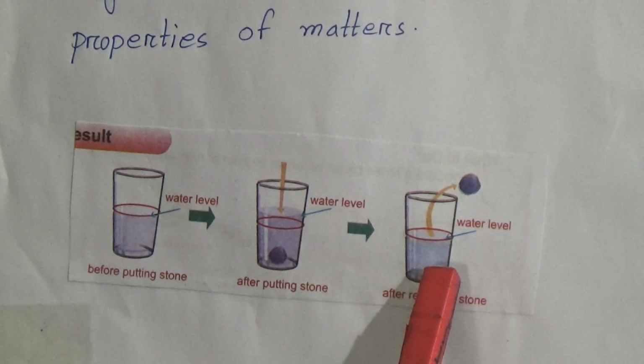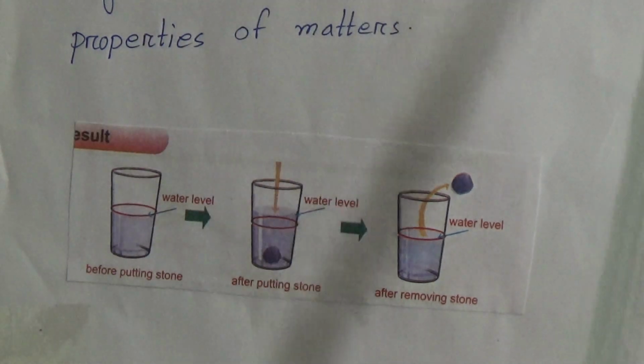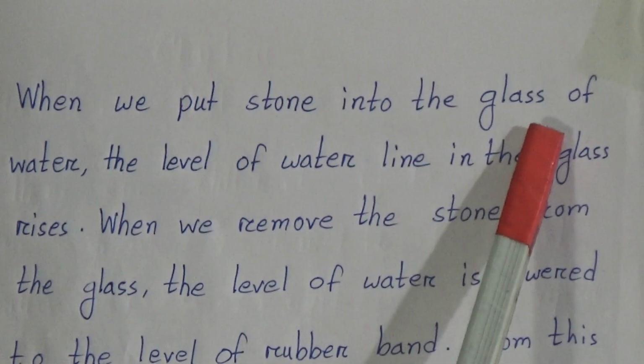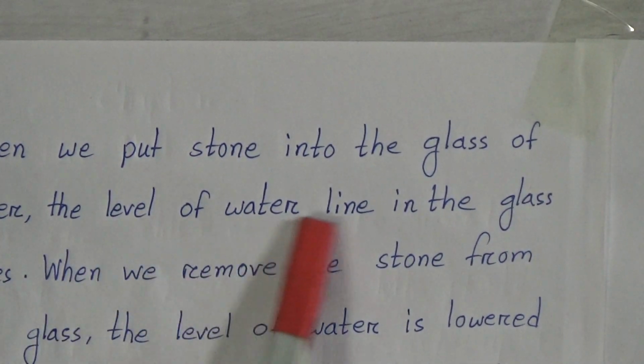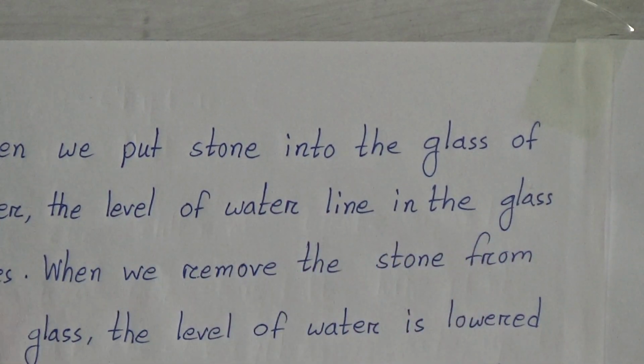What happened here? When we put the stone into the glass of water, the level of water in the glass rises. Look here, when we put the stone into this water, our water level rises from the previous level. When we remove the stone from the glass, the level of water is lowered to the level of the rubber band.